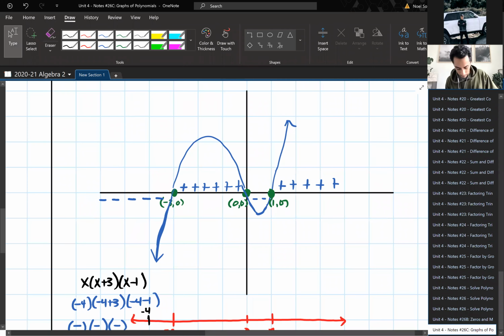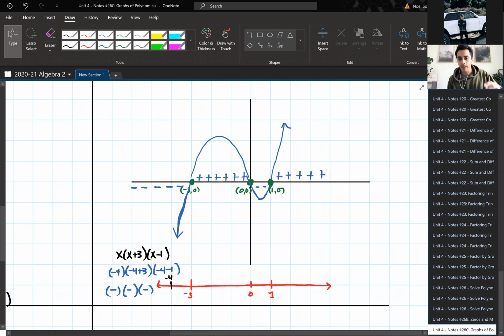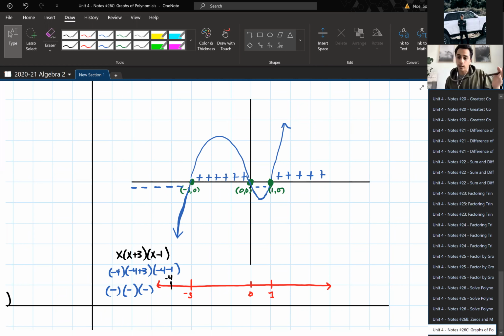Super rough. But I guess this answers your question earlier, Haley, about whether we have to do sign analysis on every interval. If you are comfortable with what the multiplicity is telling you, then as long as you know the first one, you start the sign analysis on the furthest to the left.